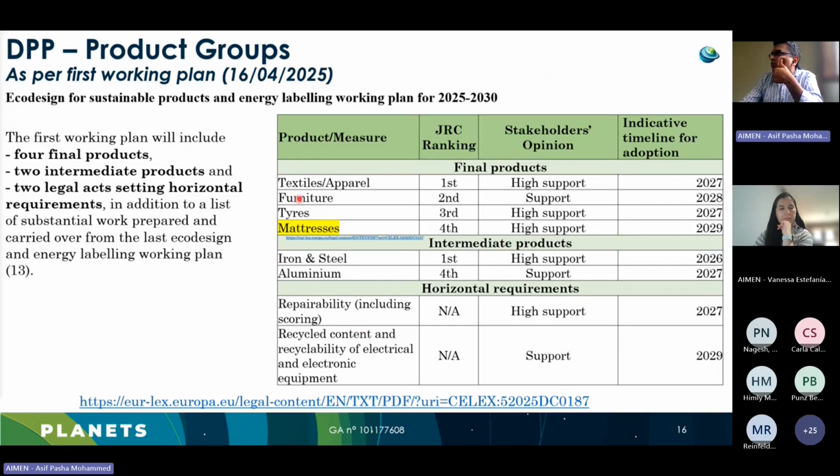These are horizontal to all of these: repairability and recycled content and so on. So this is the indicative timeline for adoption. These are the products that should have the DPPs by the end of these years.